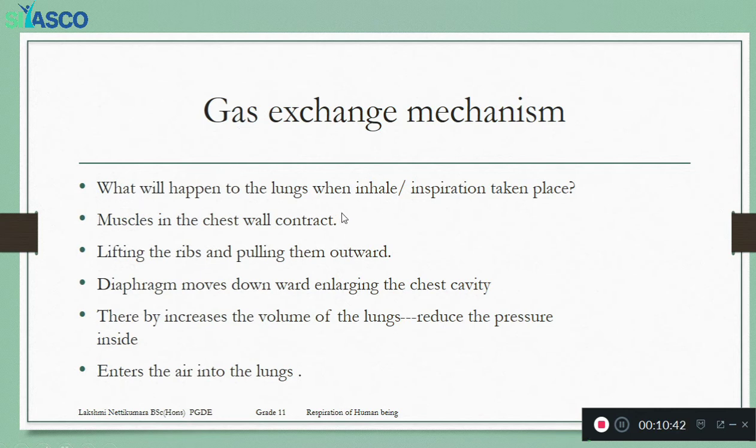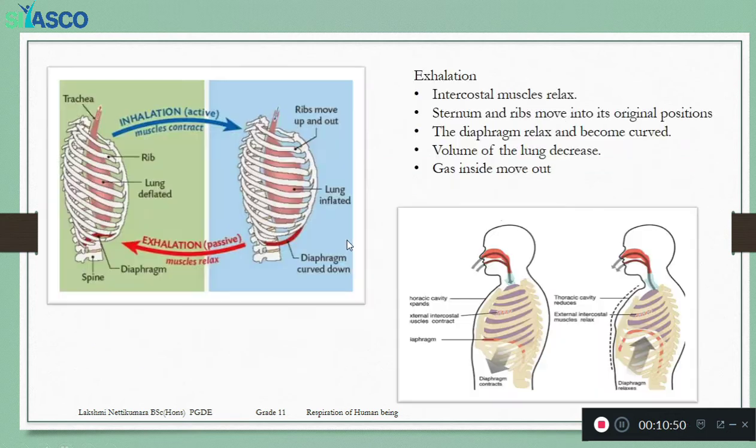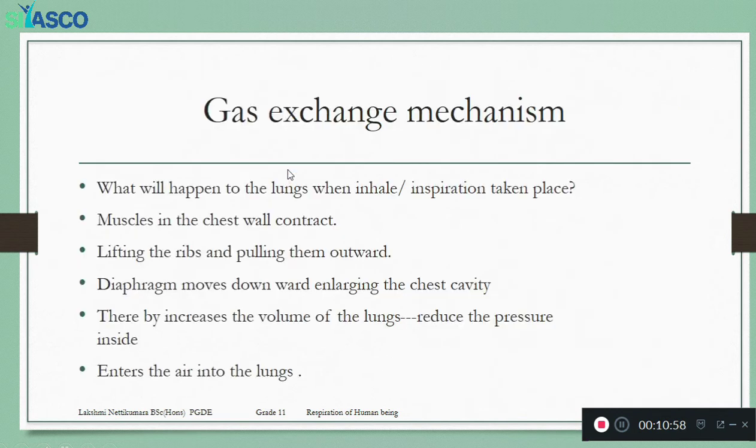What will happen to the lungs when we inhale, or inspiration? Muscles in the chest will contract like this, lifting the ribs and pulling them outward.